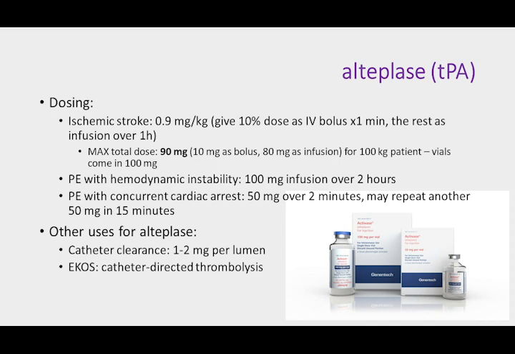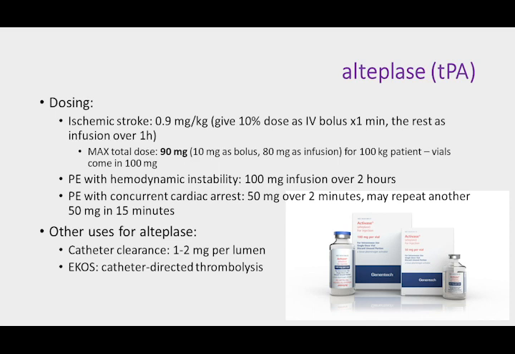Alteplase or TPA usually comes in a kit with the total dose of 100 milligram. One thing that I wanted to point out is that the max dose for ischemic stroke is 90 milligram. So that means that we never give the full 100 milligram for anybody for ischemic stroke.